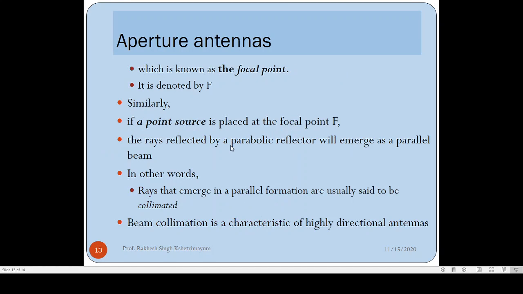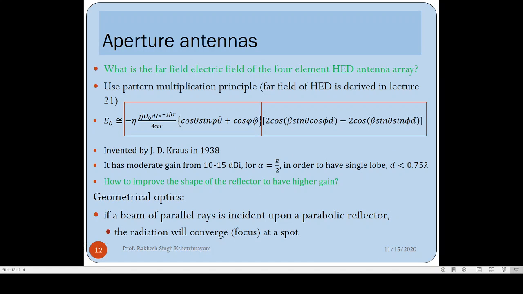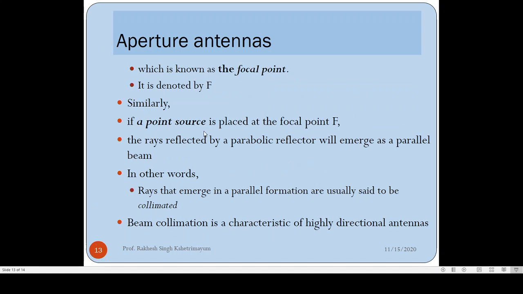So that's what geometrical optics told us. According to geometrical optics, if a beam of parallel rays is incident upon a parabolic reflector, the radiation will converge to a spot which is called the focus, and we call it the focal point and denote it by F.